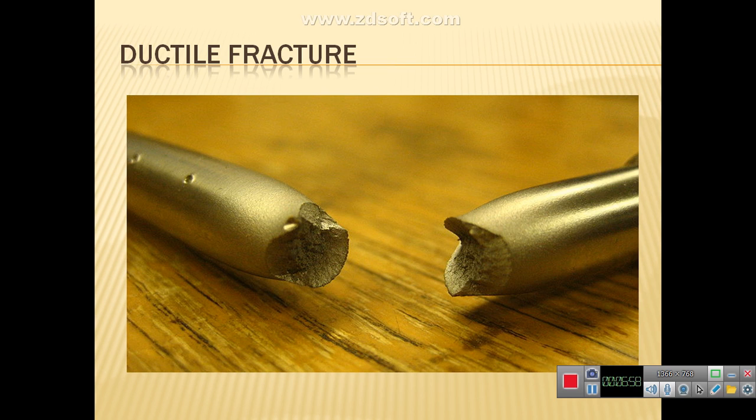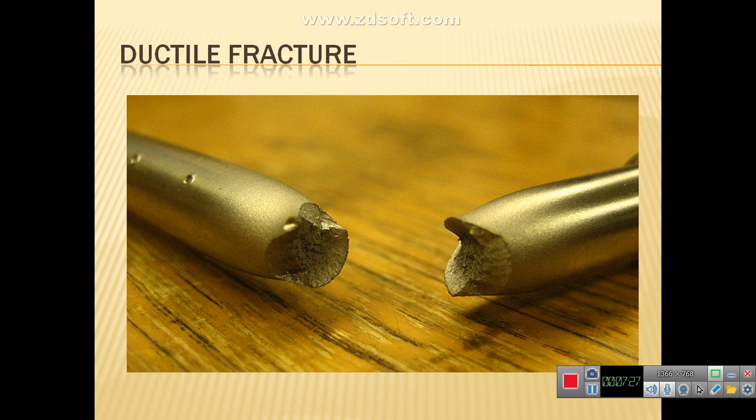A massive amount of energy is absorbed, and then slower propagation starts. In ductile fracture, irregular and indefinite shapes of cracks are formed. A large amount of energy is absorbed during ductile fracture.